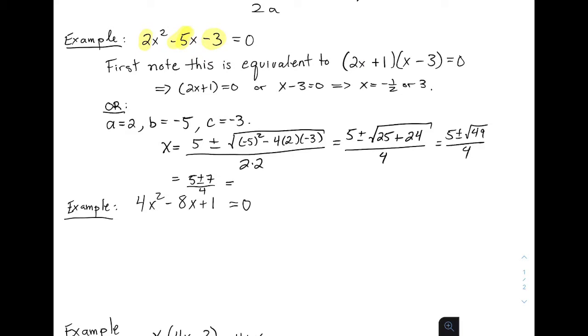So that's 5 plus 7 over 4, which is 12 over 4. Or 5 minus 7 over 4, which is negative 2 over 4. So that means x is either 3 or negative 1/2.